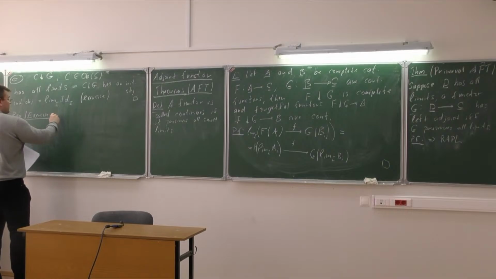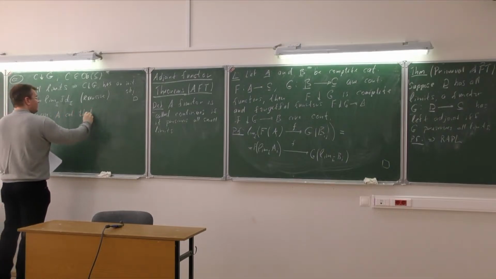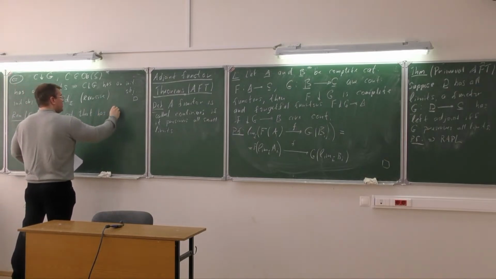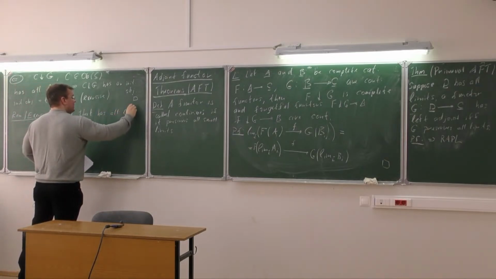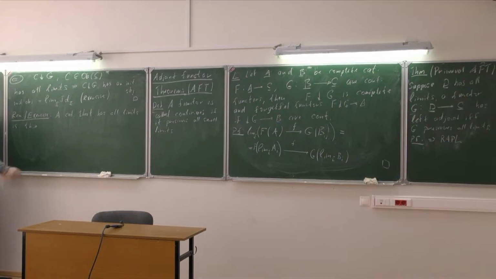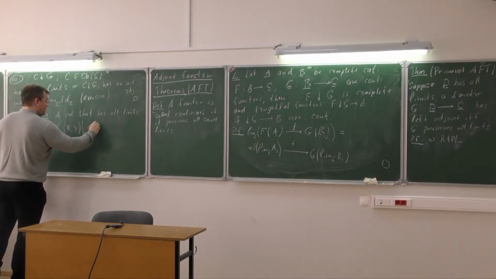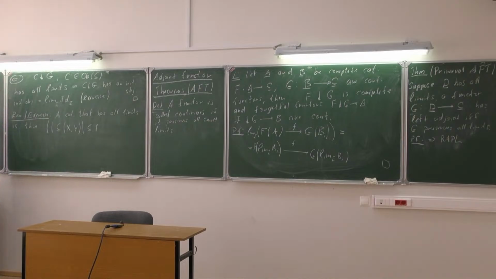A category that has all limits is thin, which means that in this category, if you look at the Hom set between any two objects, then there is at most one arrow between any two objects.